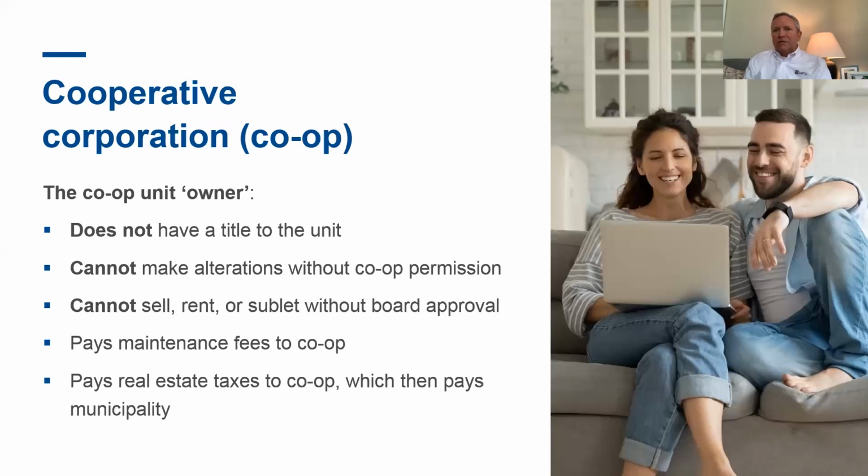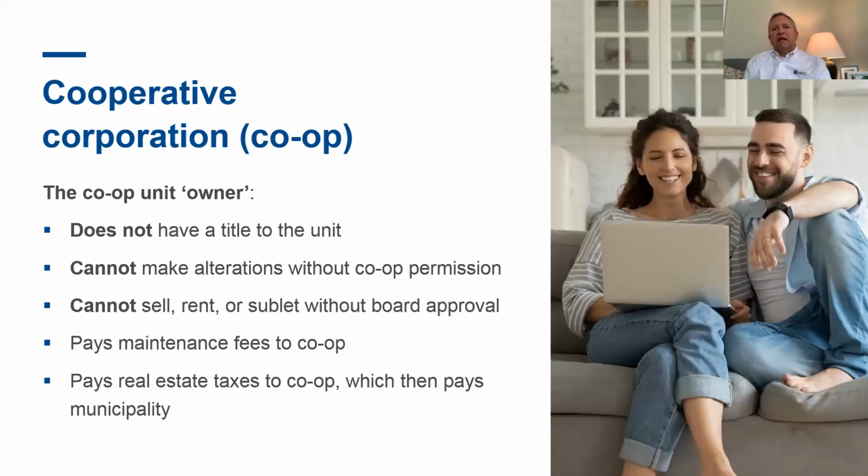You do not personally pay property taxes. However, the corporation that owns the building does owe taxes, and you would pay your portion of the corporation's taxes as part of your maintenance payment. The long and the short of the co-op is you want to be very educated about the process when you are looking to purchase one.